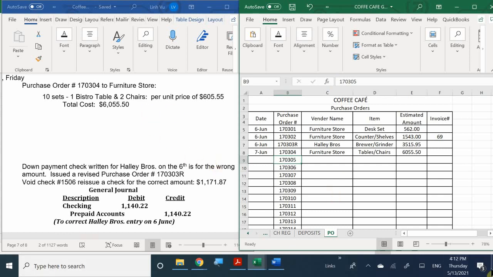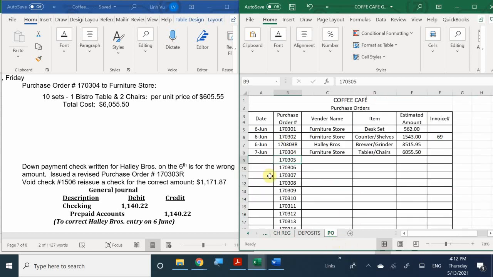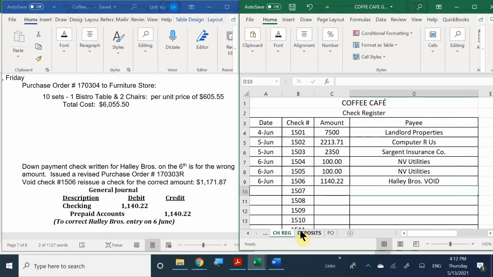And of course, since we voided the check, the rule here is that every time you write a check and you void it, you can never use the same check number. Where did you put that R again? I just put it right next to the PO. So for the check register, you never can use the same exact check number, because unfortunately you already sent it out. It's been used, and you've already called the bank to void it.